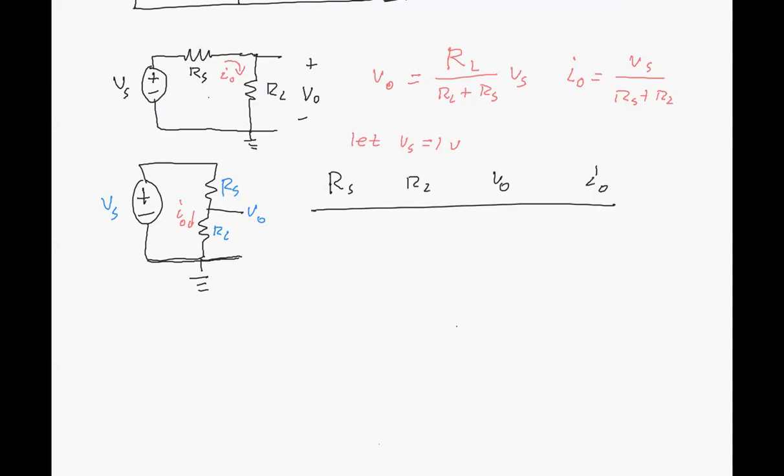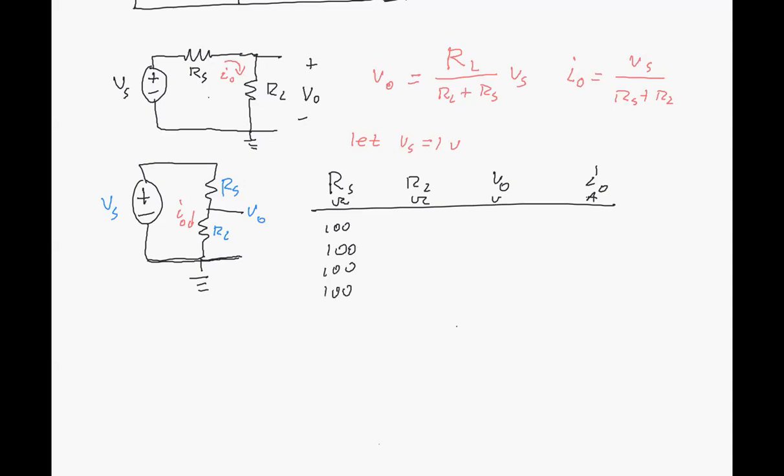So for Rs is 100 ohms, 100 ohms, 100 ohms, 100 ohms.